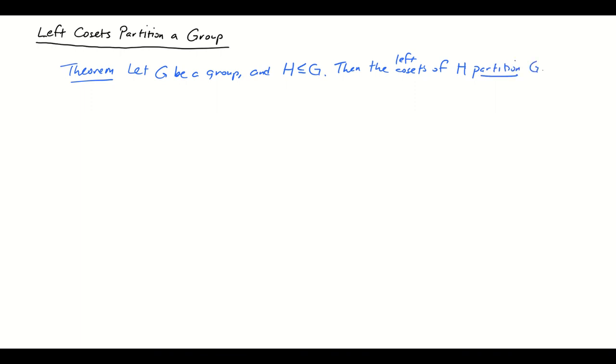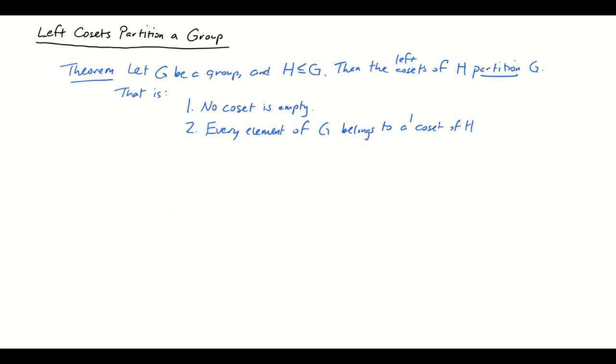Now you may not have seen the word partition used in set theory before, so I want to state what that means. So here's what it means to show the cosets of H partition G. First of all, no coset is empty. Second of all, every element of G belongs to a coset, that is, a left coset.